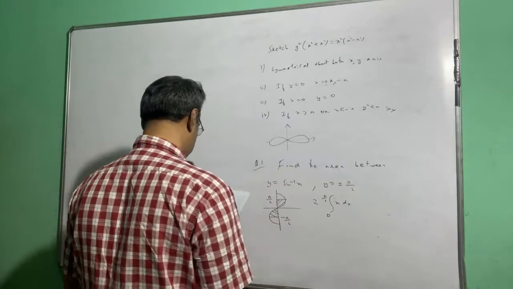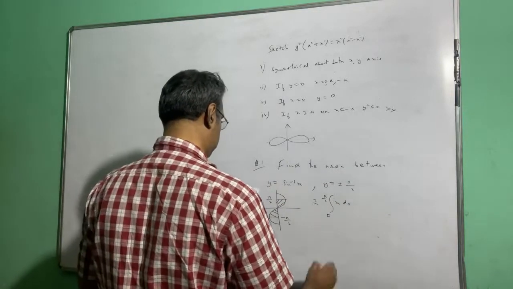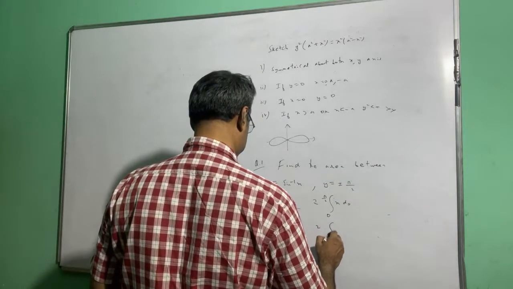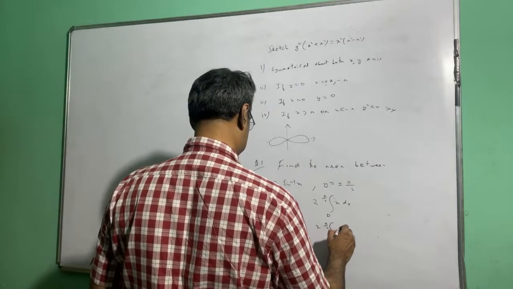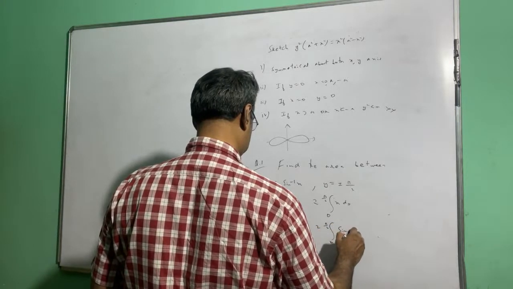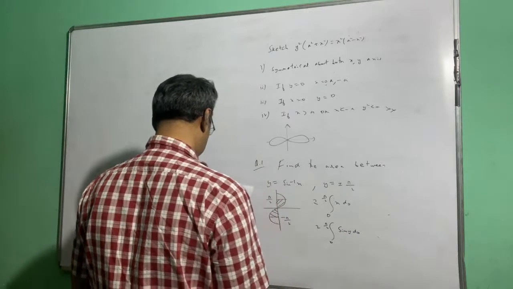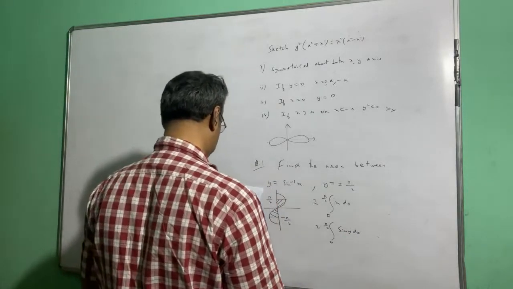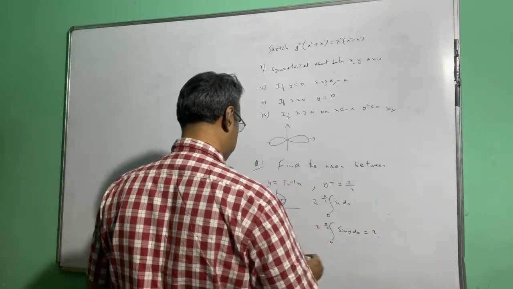So twice integral 0 to pi by 2 of x dy, so twice integral 0 to pi by 2 of sin y dy. So that is equal to 2.